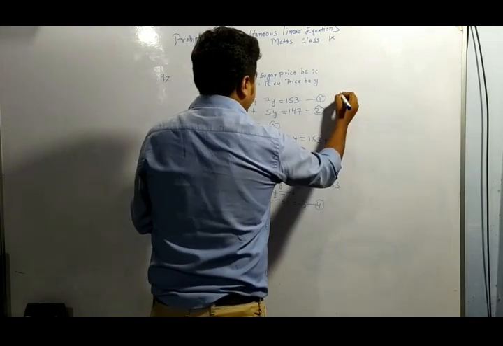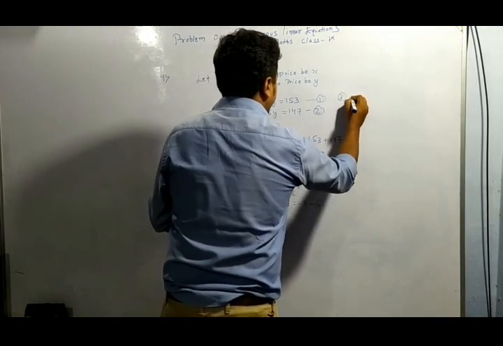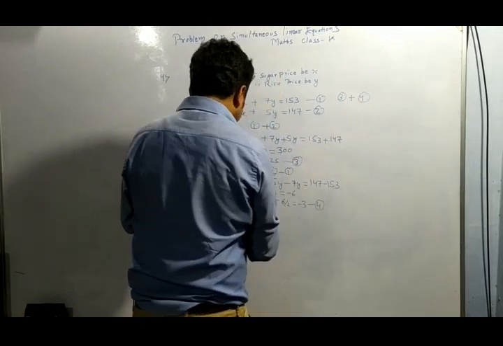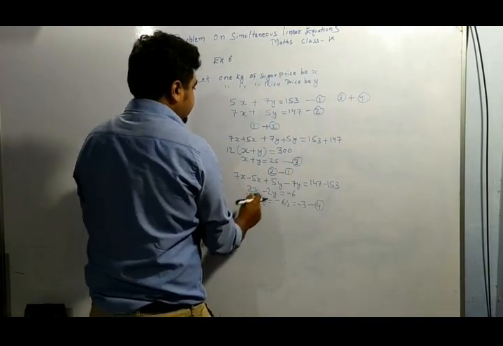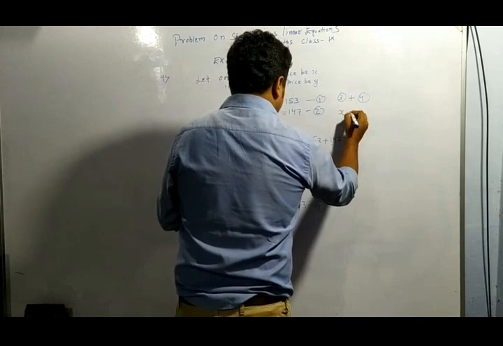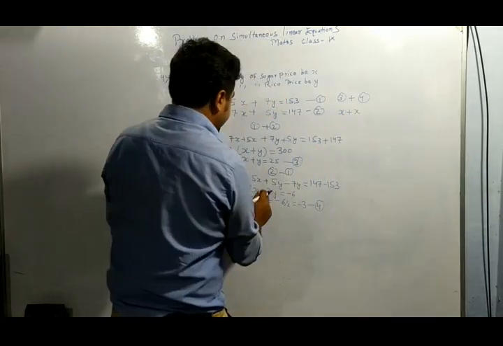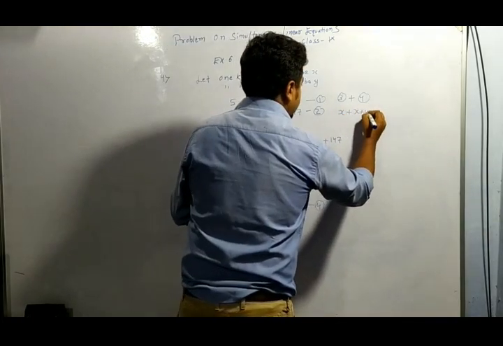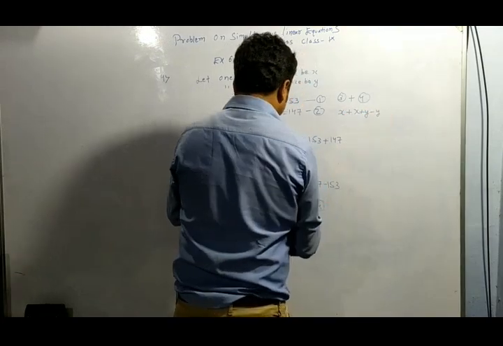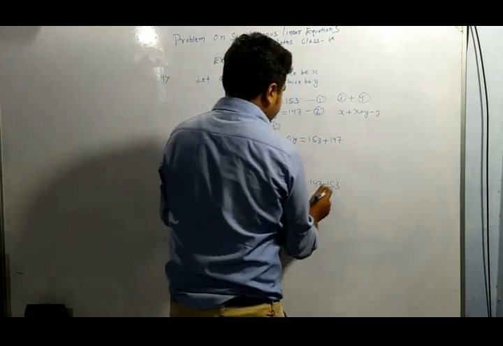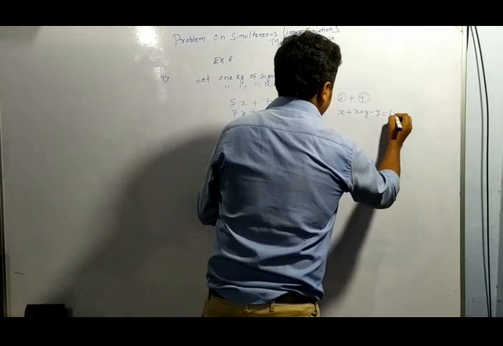Now I will be adding both the equations, 3 plus 4. What will we get? x plus x, y minus y is equal to 25 minus 3.